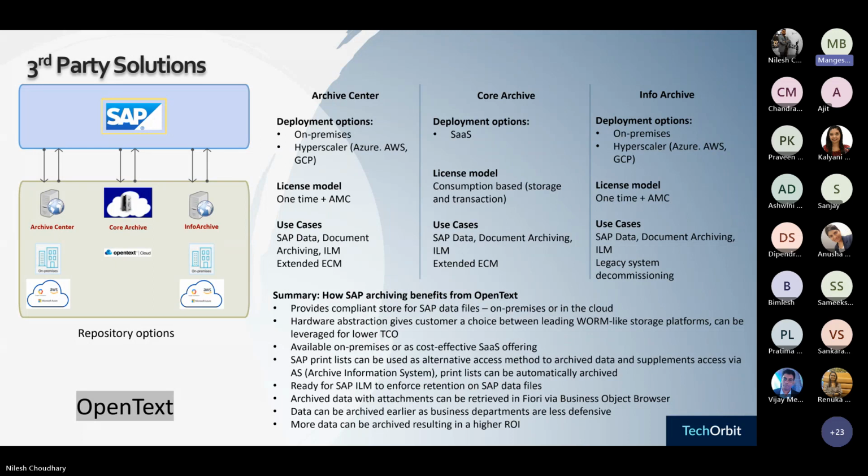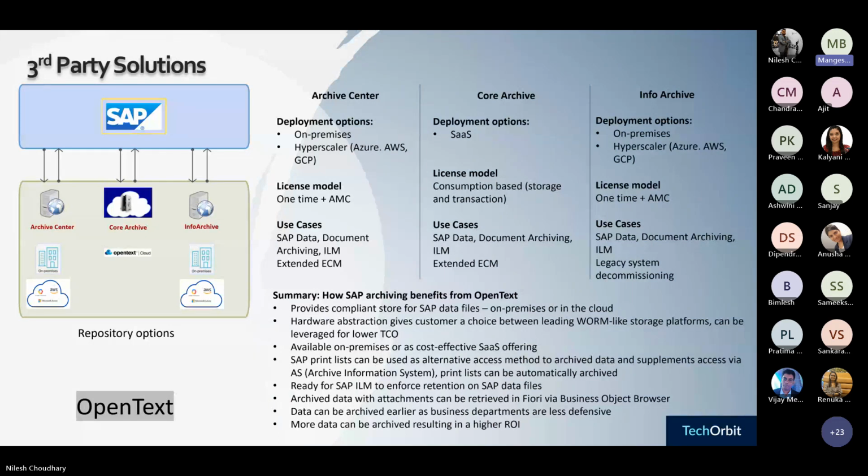Now, when OpenText had these two different options in the form of Archive Center and Info Archive, OpenText also shifted its focus onto providing a purely software-as-a-service-based storage option, which is the so-called Core Archive.